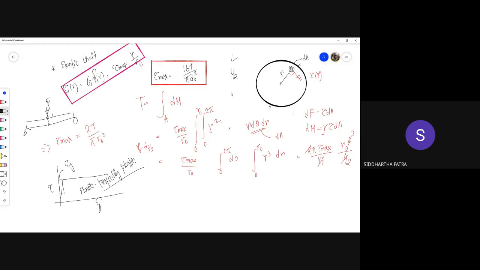And because the strain is not changing along the length, so is the stress. That is, the stress is also not changing along the length in the elastic limit, because in the elastic limit the stress is simply proportional to strain. So no cross section is different from the other, okay.